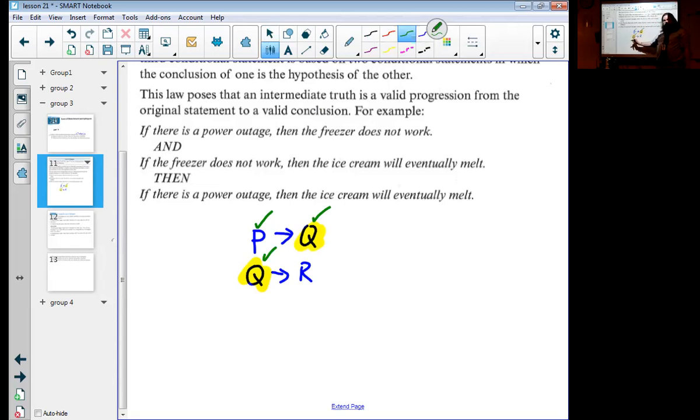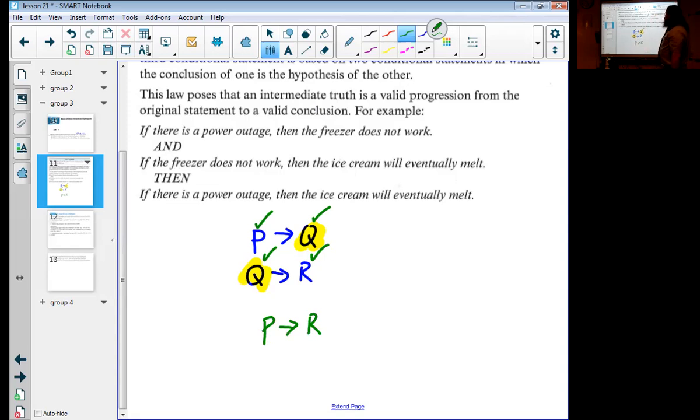Well, if this Q is our new hypothesis, and that is true, then we know the conclusion is also true. But we weren't given any information on Q. We don't need to know what Q was, so we can just write it as if P, then R. So we're just skipping the step that's the same between the two statements.